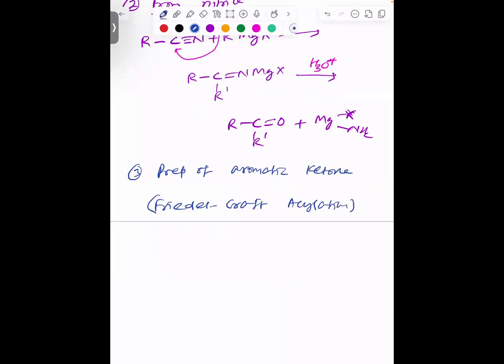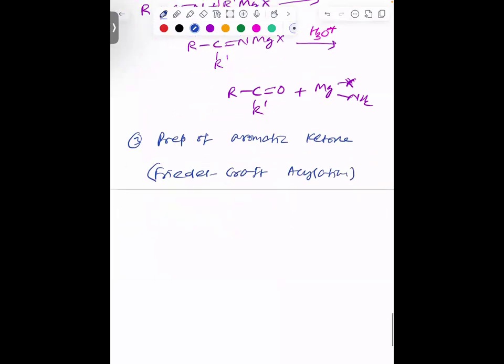First of all, we take benzene, then CH3COCl in the presence of a Lewis acid catalyst.